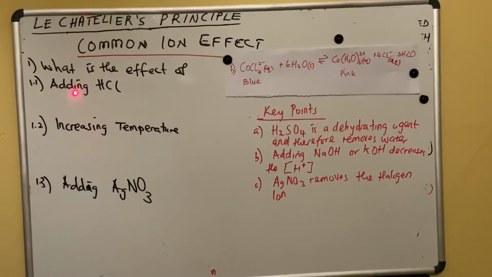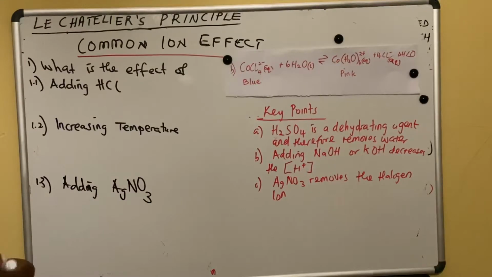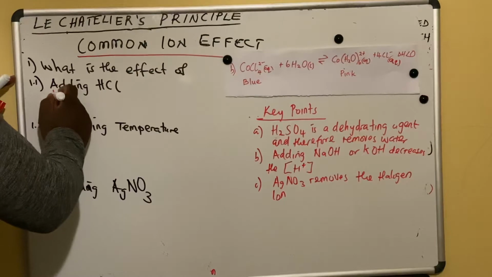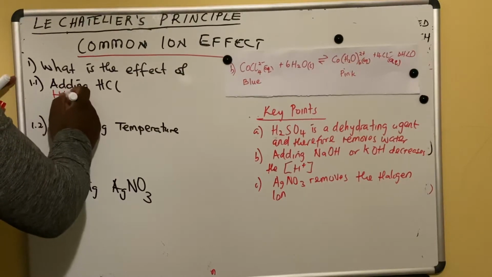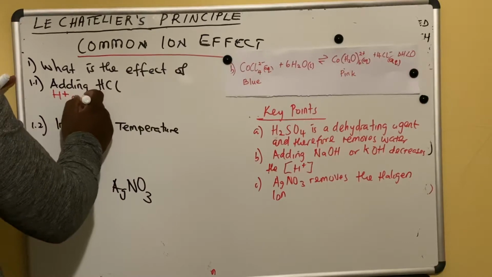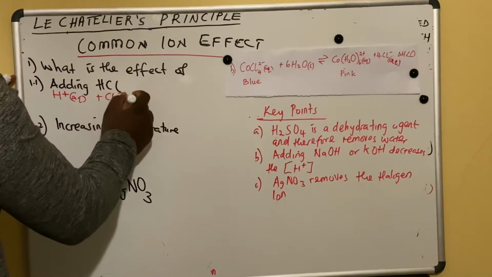So let us say the question says to you, what is the effect of adding hydrochloric acid? If you add hydrochloric acid, we know that this hydrochloric acid in the solution is going to ionize to produce H plus in aqueous solution and Cl minus in aqueous solution.